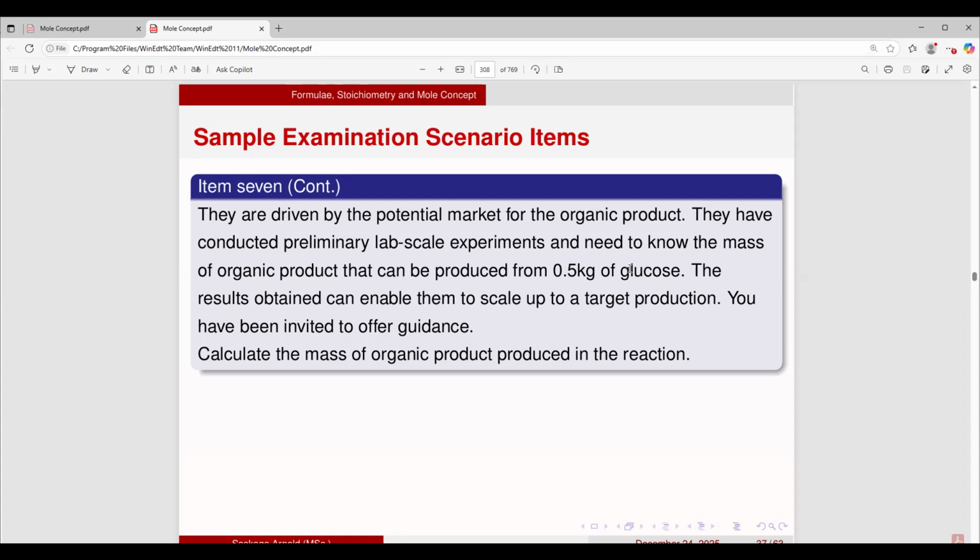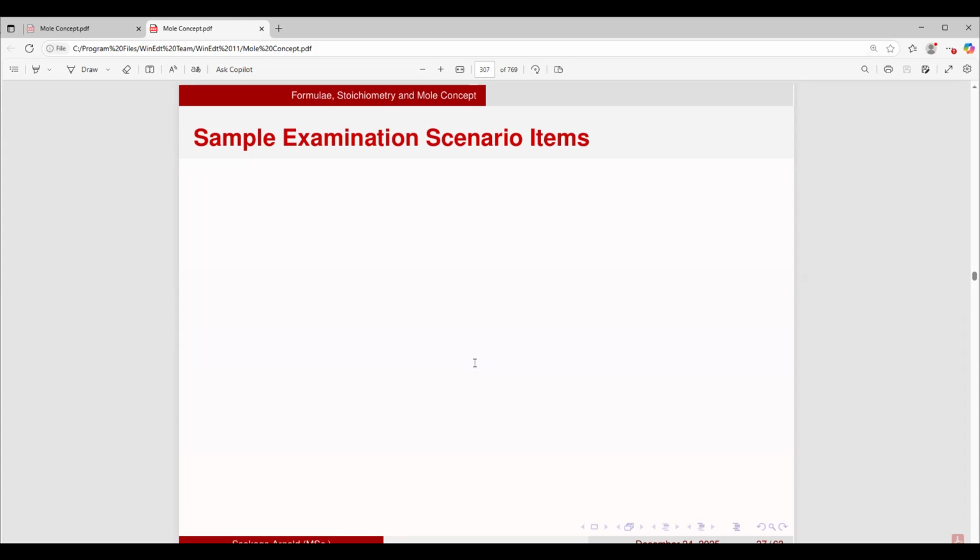Recall that in chemistry, we operate with mass in grams. Therefore, we shall first convert this to grams to deal with it properly. The results obtained can enable them to scale up to the target production. So you have been invited to offer guidance. Calculate the mass of the organic product. Recall that the organic product is ethanol.